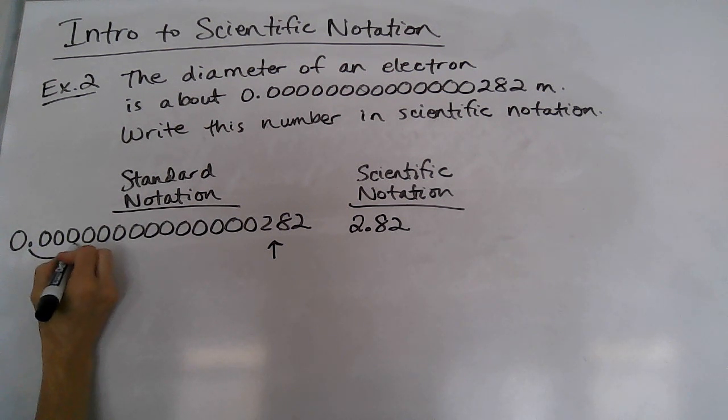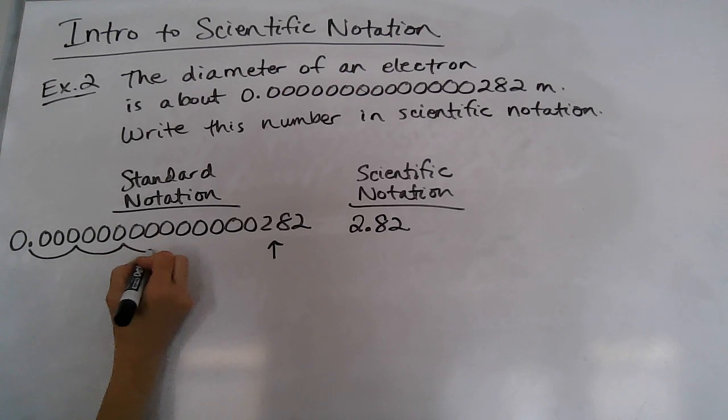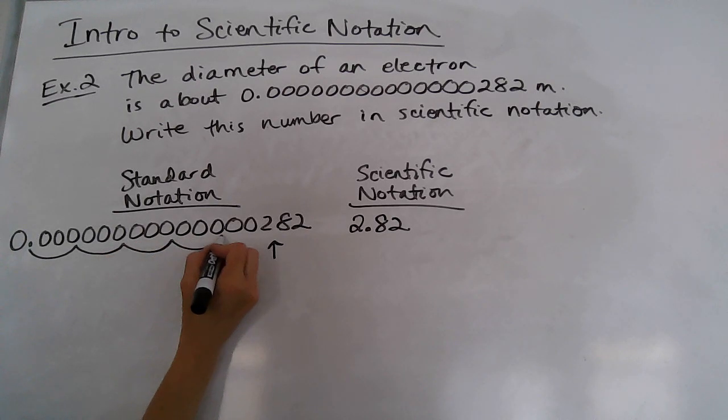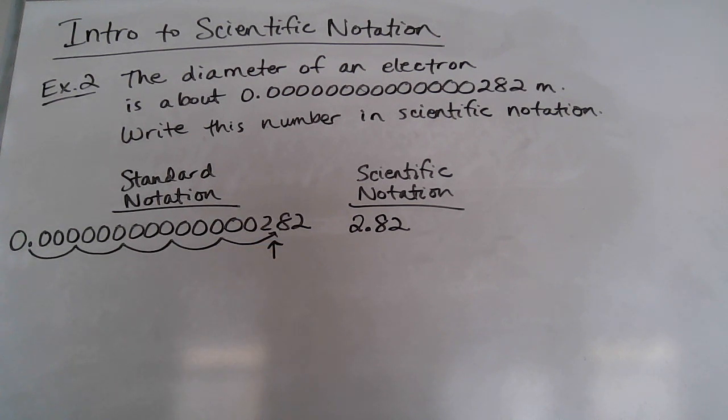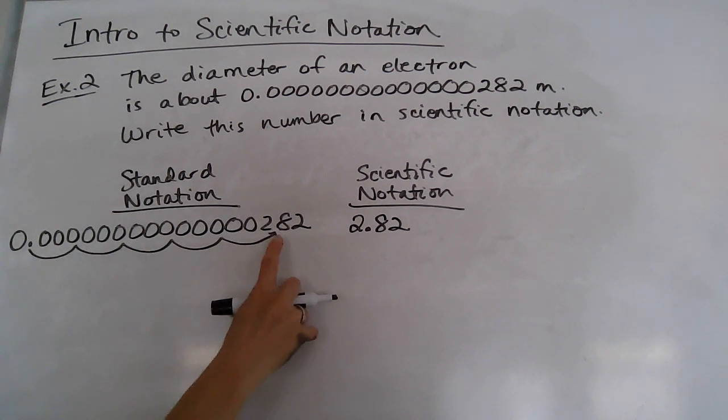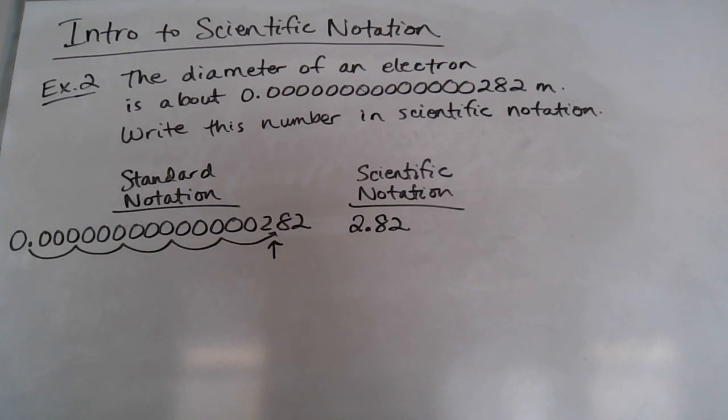So I'm moving it 3, 6, 9, 12, 15 places to get from where it is in standard notation to where it needs to be for scientific notation. And if you counted these all individually, it would still be 15 places.